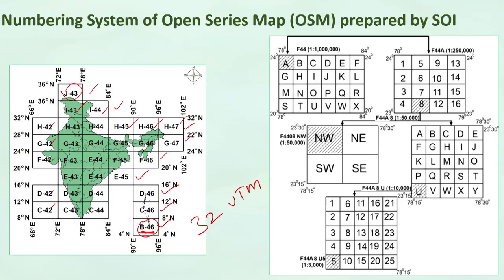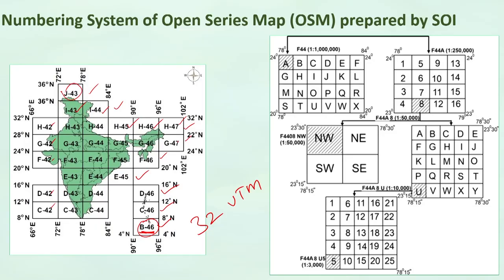According to that projection, the Indian regions are subdivided into 6, starting from the 42nd UTM zone to the 47th UTM zone. So, these 42 to 47 numbers indicate UTM zones, clear?